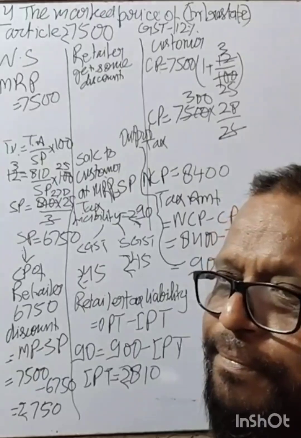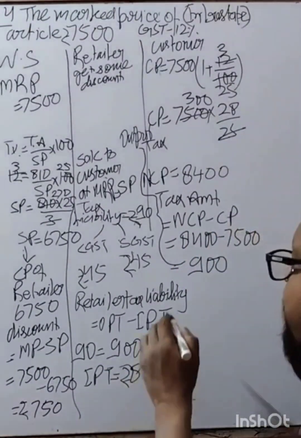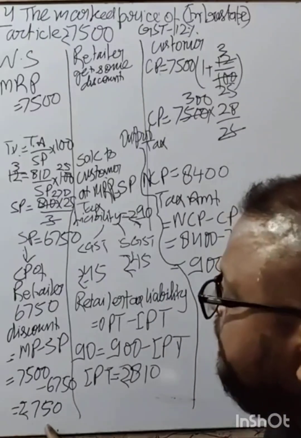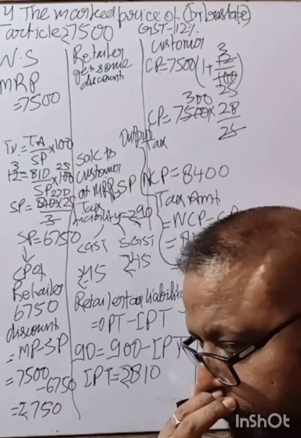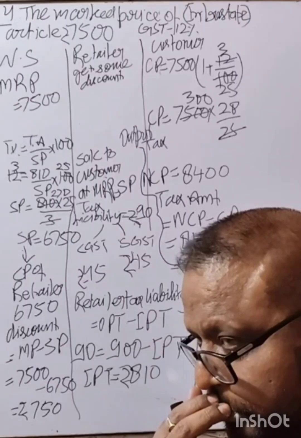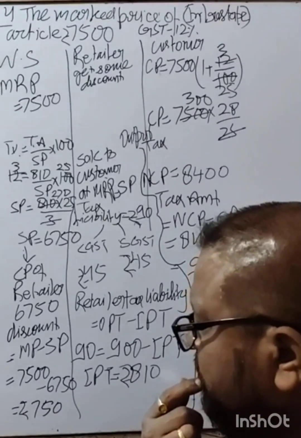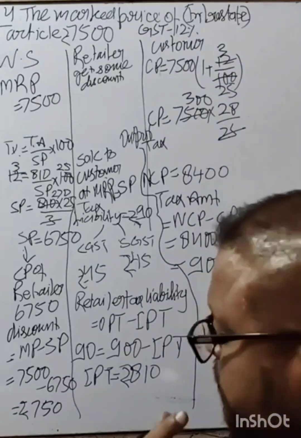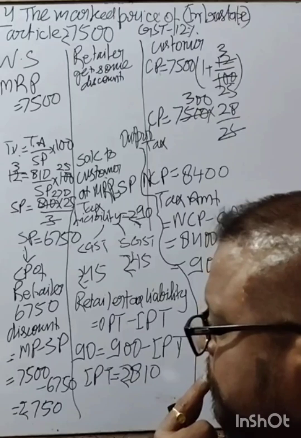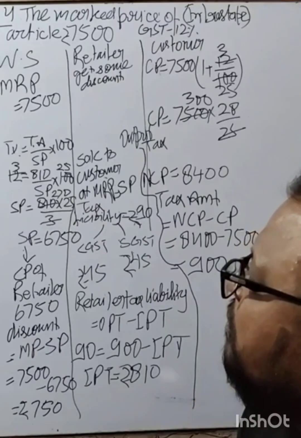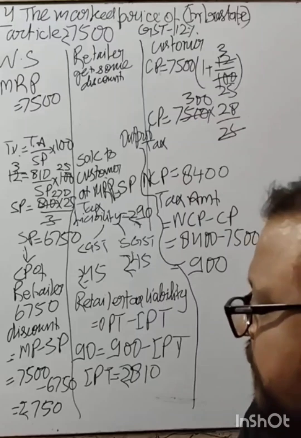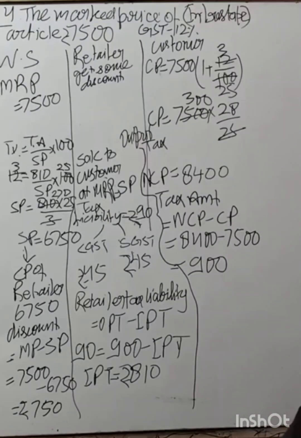The amount of discount is 750. Check your answer. Wait, I made a mistake. 270 into 25 is 6,750.